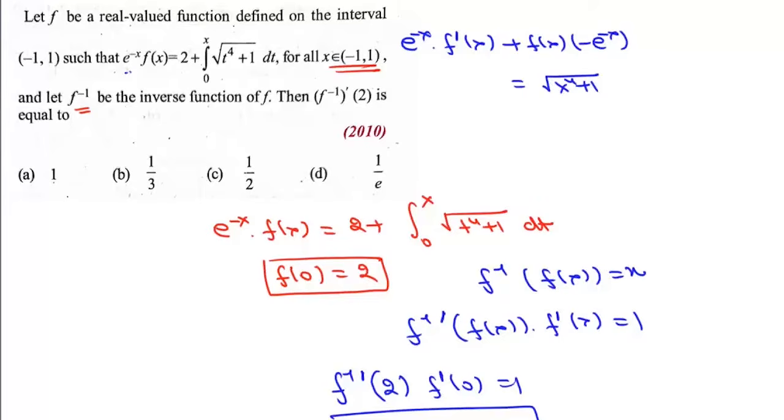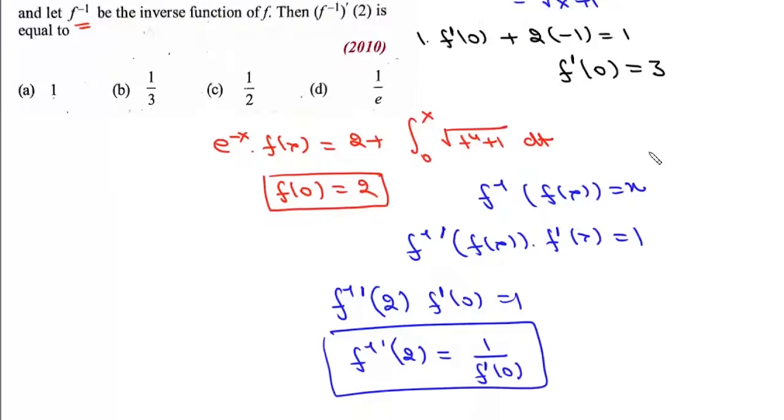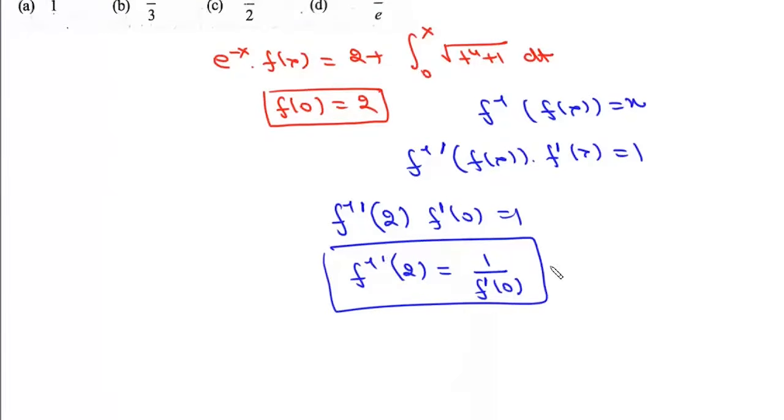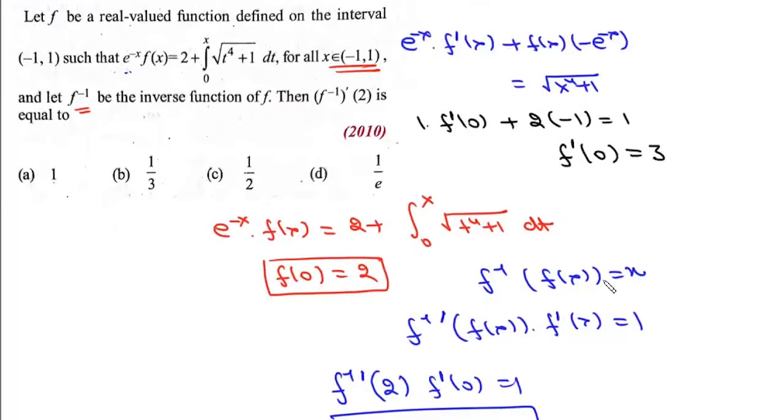Now if we put x as 0, we'll get 1 will be f dash 0 minus f(0), f(0) is 2, and then minus 2, and here will be this 1. So the derivative of this function at 0 is nothing but 3. So f dash 0 is 3. Then the derivative of f inverse at 2 will be simply 1 by 3, and that's your option B.